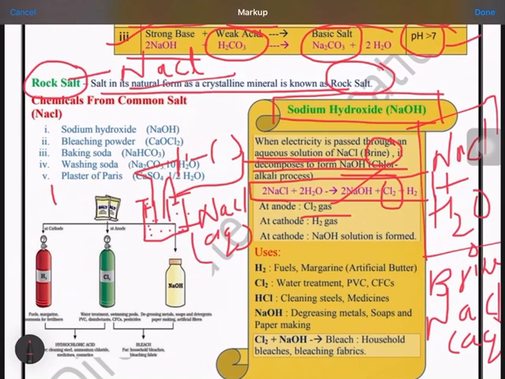Fourth question: name the chemical used in soap and paper making. Write its chemical formula also. Which chemical is used in soaps and paper making? Sodium hydroxide. You have to write sodium hydroxide and its formula, NaOH.